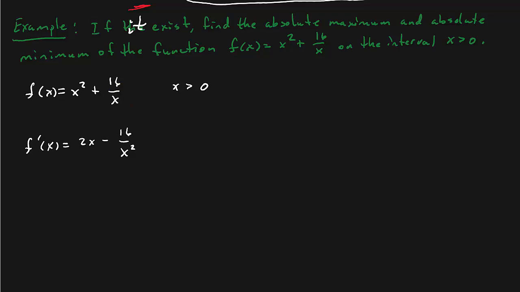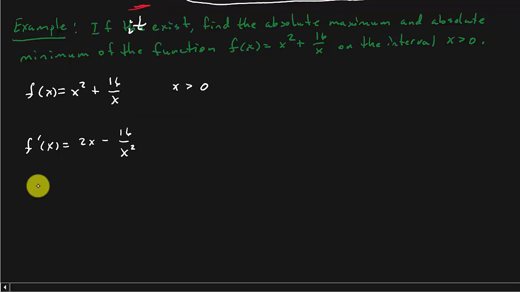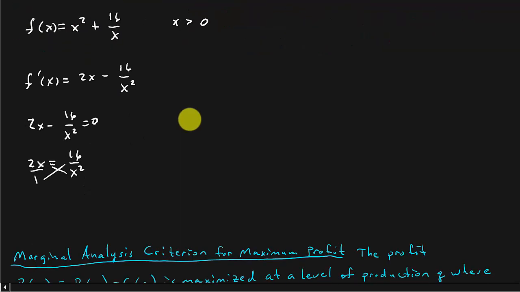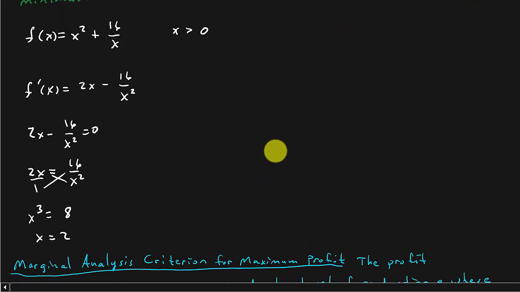Okay. All right, so let's go ahead and set this equal to 0. And so I get 2x equals 16 over x squared. Cross multiply, and then we can divide by 2, so that gives me x cubed equals 8. So x equals 2. All right.